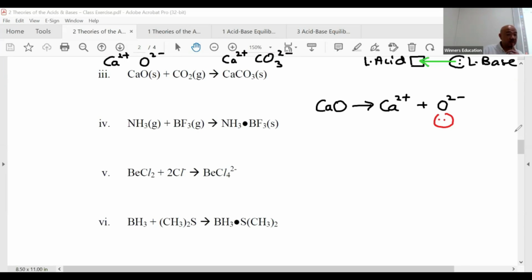Congratulations to the majority, I think this is a base. O2 minus is a base, means calcium oxide is a base. Why is the carbon dioxide an acid? Remember, a base must have a lone pair, an acid must have an empty orbital. Let's take a look. Carbon dioxide looks like this.